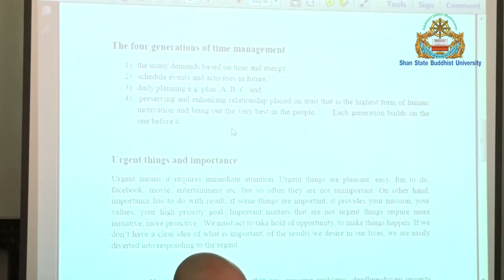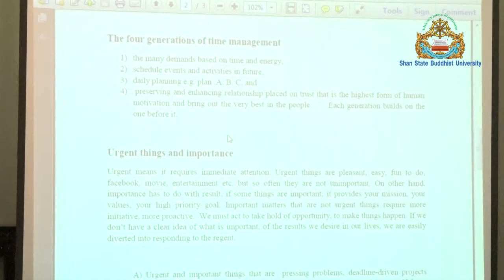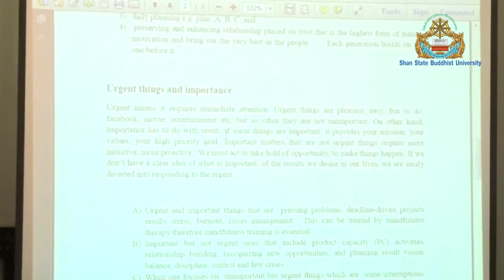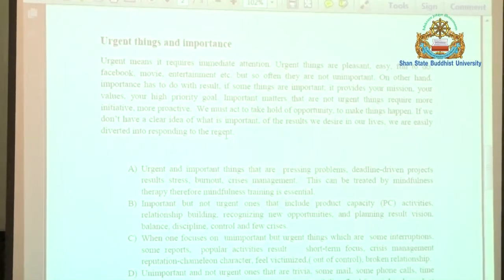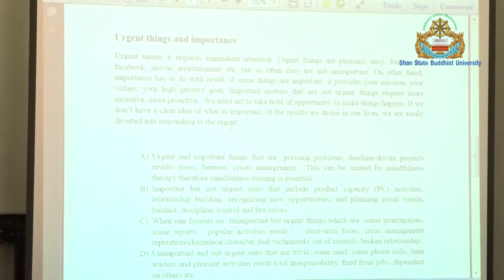You can summarize your presentation. You should understand what is urgent and what is important. Urgent things may lead to accessible problems, but we should do the important one.